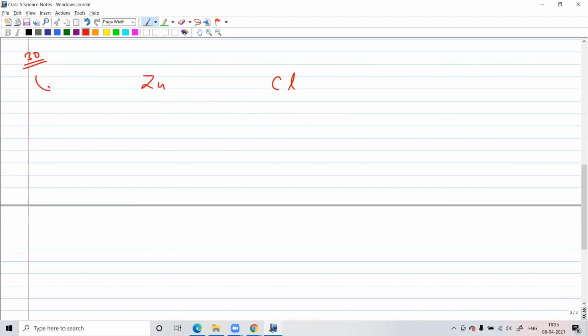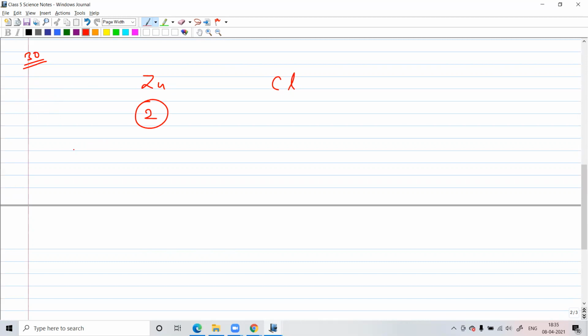From now on, I'll send you a document which will have all the atomic numbers also up to 30. I'll share it today or tomorrow, and you can start remembering that. So for now, I'll tell you the valency of zinc. The valency of zinc is 2.